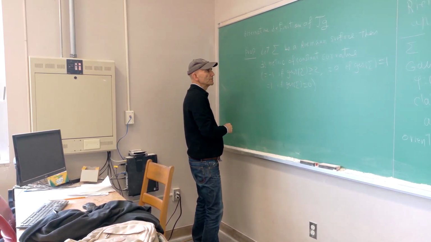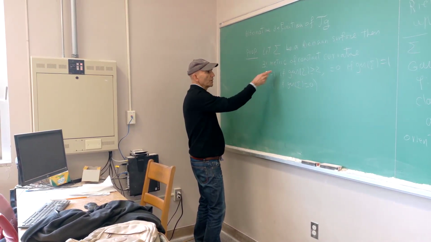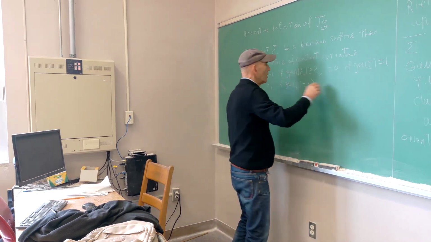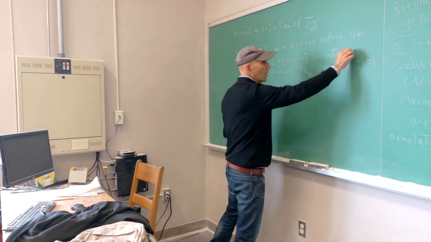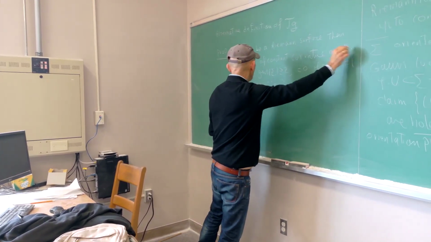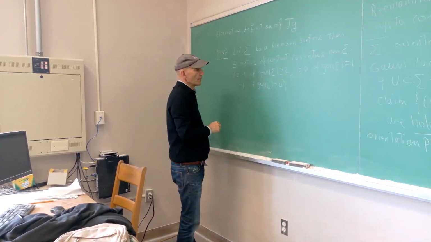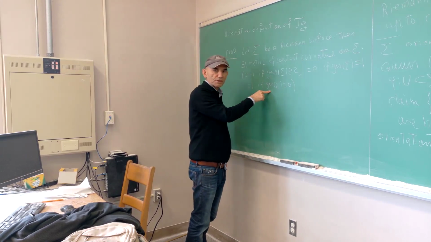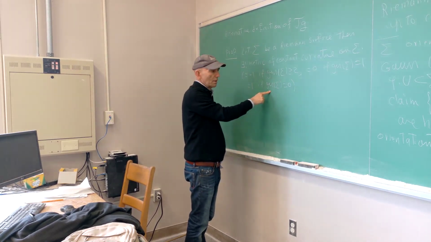Yeah, Riemann surface. Then there exists a unique metric of constant curvature on sigma. So I have to be careful about uniqueness in the genus 0 case.